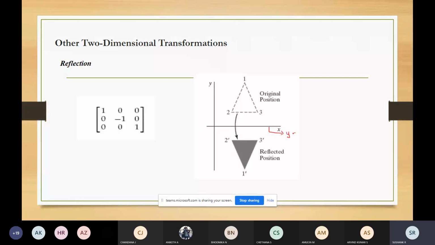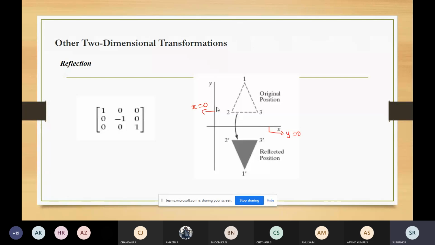In this line y will be 0, and for this line x will be 0. Any point on that line will have x equal to 0. The transformation which produces a mirror image of an object is called reflection. The image is generated by rotating the object 180 degrees about the reflection axis.